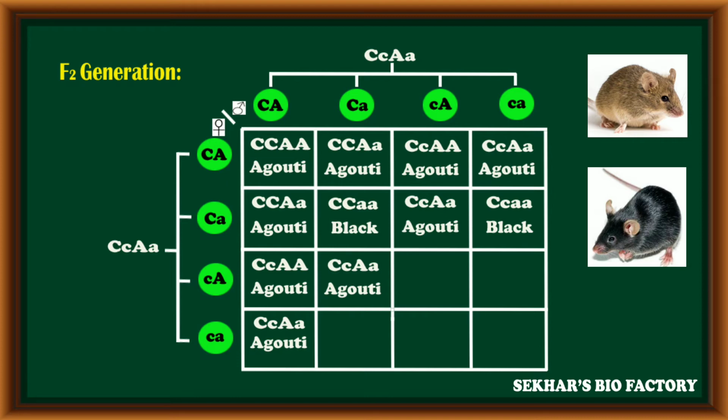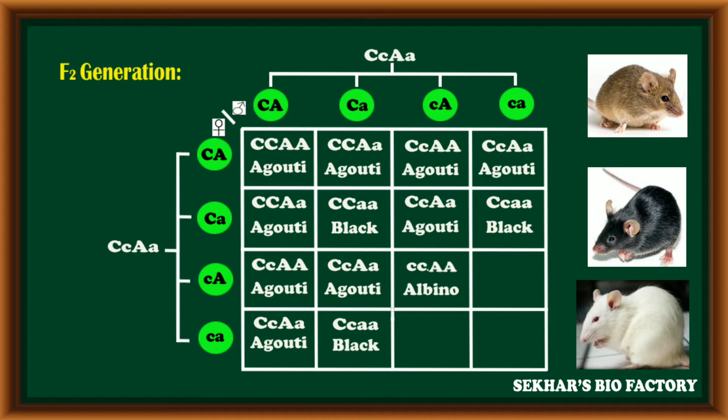Now also a black color coat will be expressed in mice. The next combination, capital C, small a, small a. So in these 3 offspring, the A gene in homozygous recessive condition never influences gene C, so the black color coat will be expressed in mice. Out of 16 individuals, 3 individuals are with the black coat.